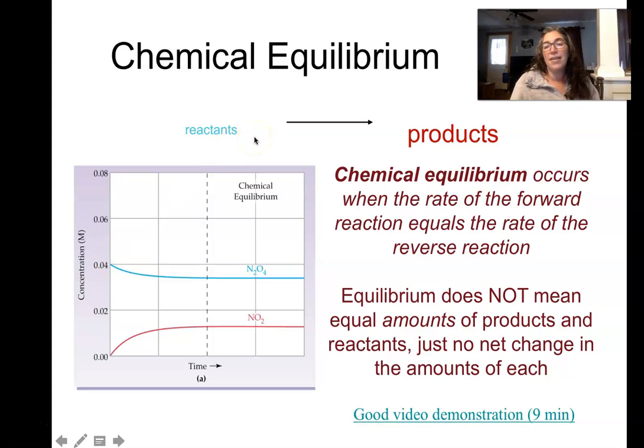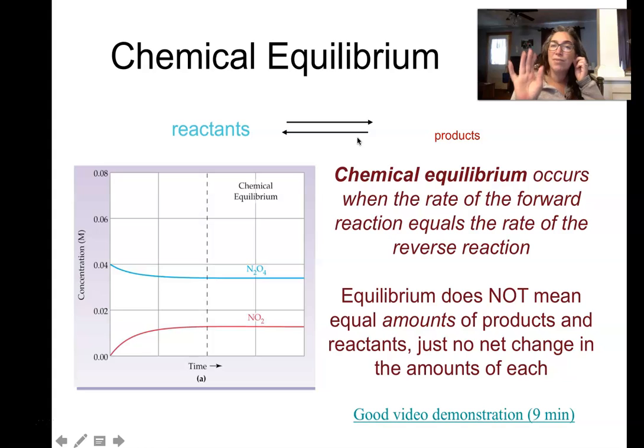And then sometimes that will go in reverse, and at some point the reaction sort of stalls or it stops. It looks like it stops anyway because you're no longer making more reactants or products. You now have a steady amount of reactants and a steady amount of products. They're not equal. I have more reactants than I do products, okay?